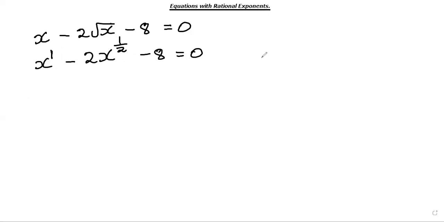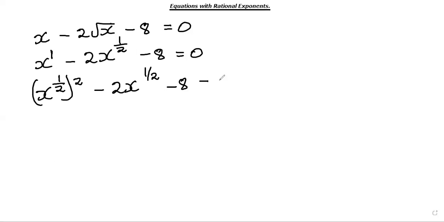Then we understand that 1 is actually twice as much as half. So the moment we see that, we are going to write x to the power 1 in terms of x to the half. So it's going to be x to the half, which is all squared. You didn't change anything. Then you still say minus 2x to the half minus 8. And this is equal to 0.